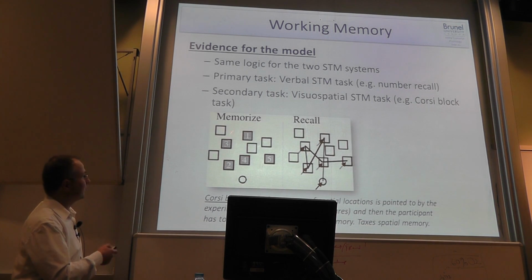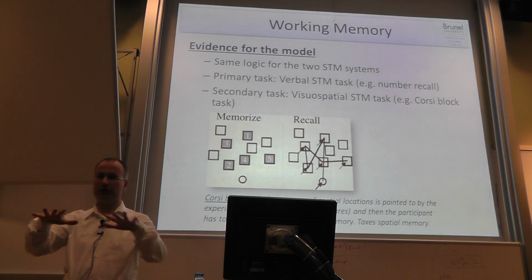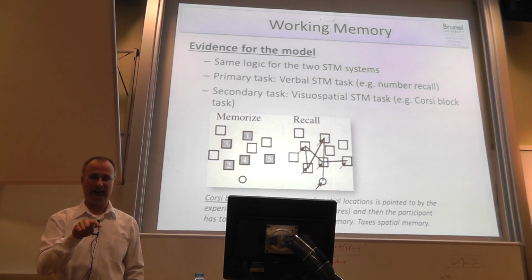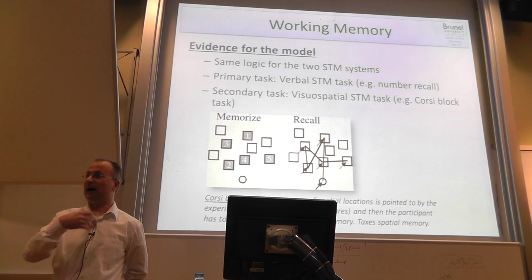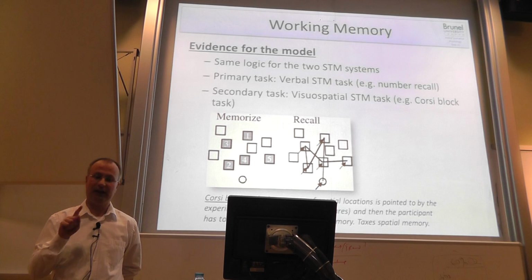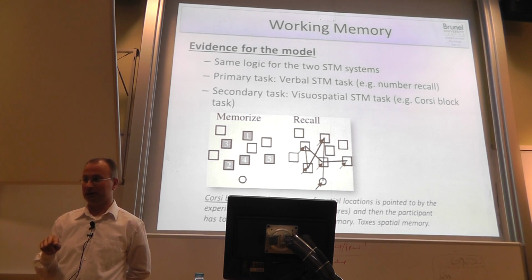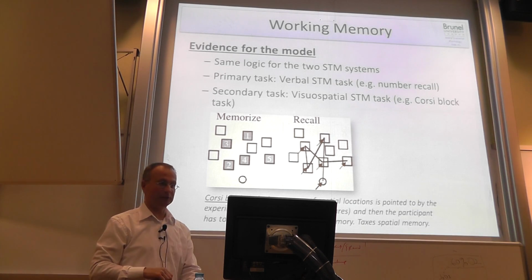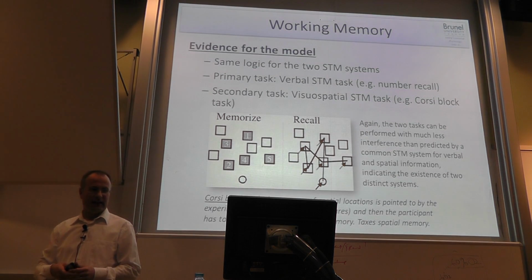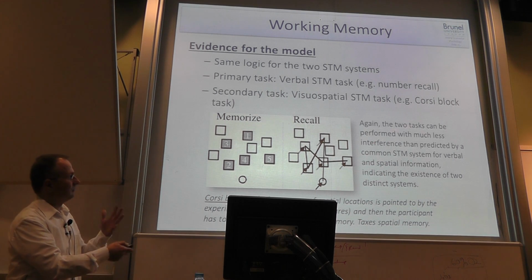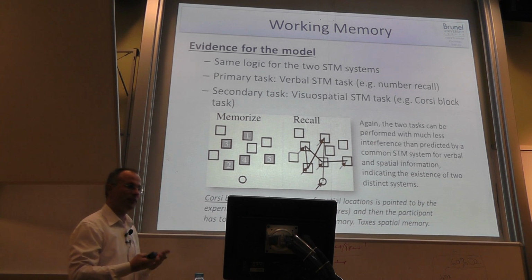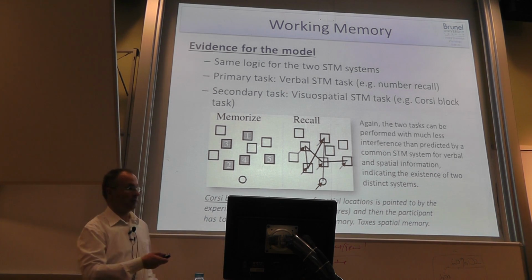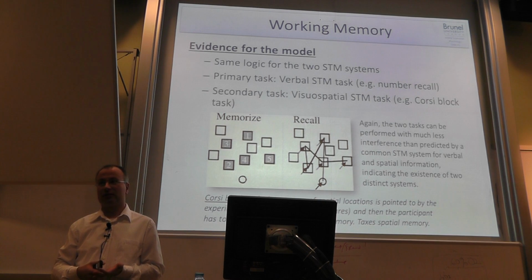The Corsi block task is a task where you have just blocks in front of you and the experimenter taps the blocks in a certain order. You have to watch that, and after a given delay, the retention period, you have to tap them again in the same order. So you have to memorize the spatial arrangement of the movement. It's evidence that you have two distinct systems, because you have very little interference between verbal and visuospatial tasks.